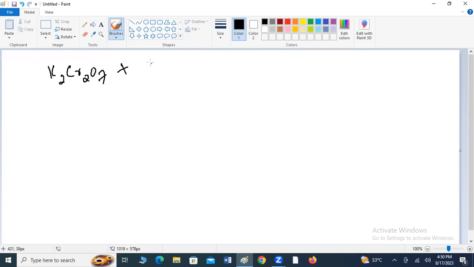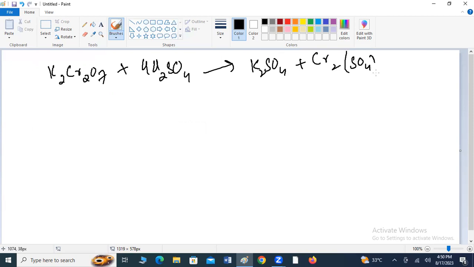K2Cr2O7 plus 4 moles of sulfuric acid gives K2SO4 plus Cr2(SO4)3 plus 4 moles of water followed by 3 moles of oxygen.